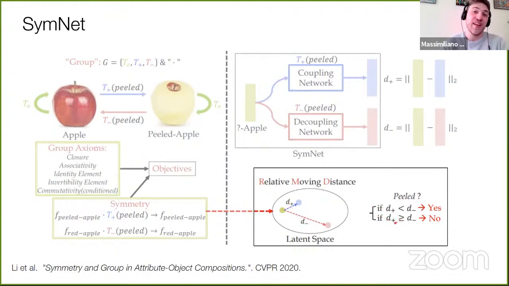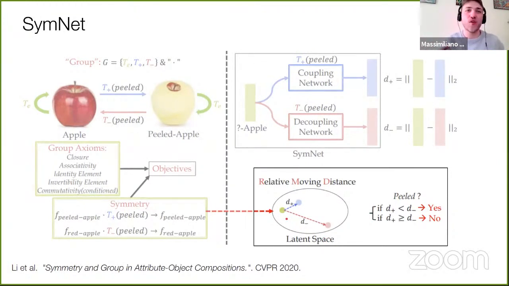If the distance that you obtained by adding it is less than the distance that you obtained when you removed it, it means that probably the attribute was present in the image, while it was not present the other way around. Again, I'm super sorry I confused you because I was representing it in a different way, but I hope you get the point.